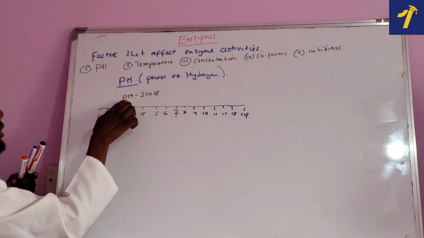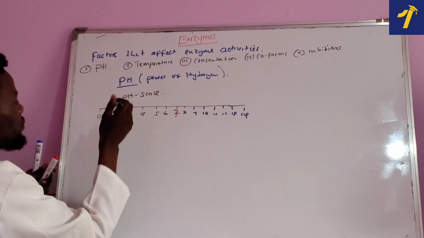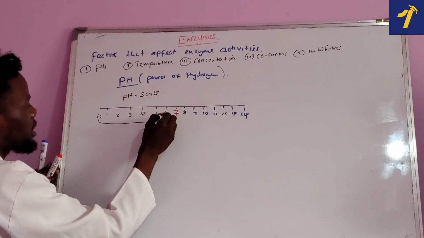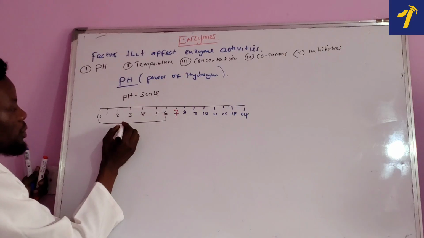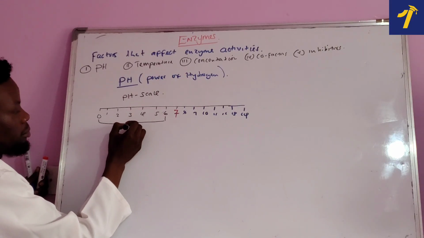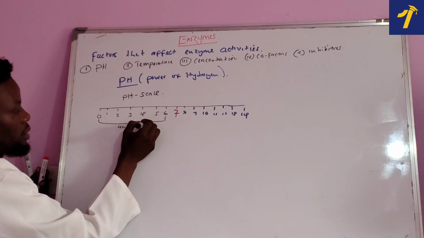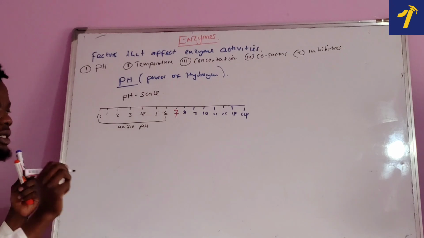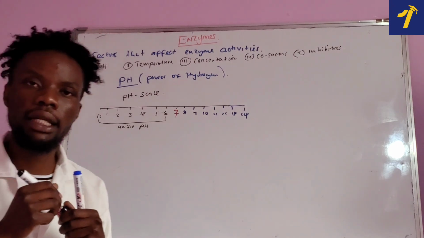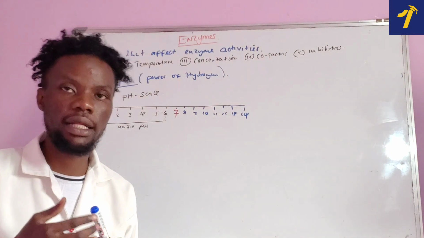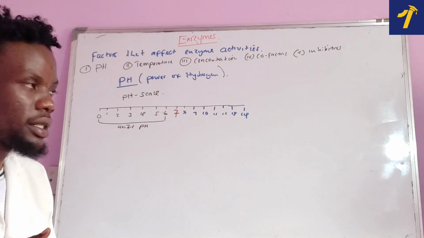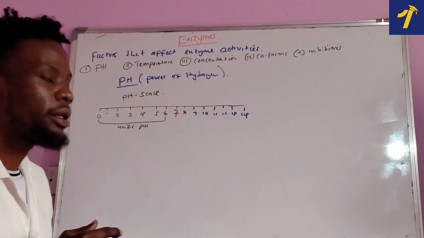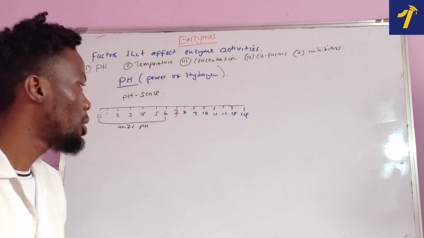Starting from 6 up to 0, we call it acidic pH. You need to remember this. Acidic pH contains numbers lower than 7, starting from 6 up to 0.